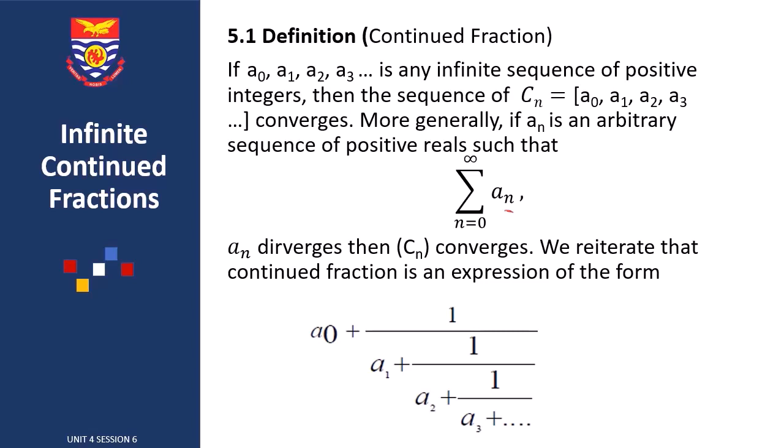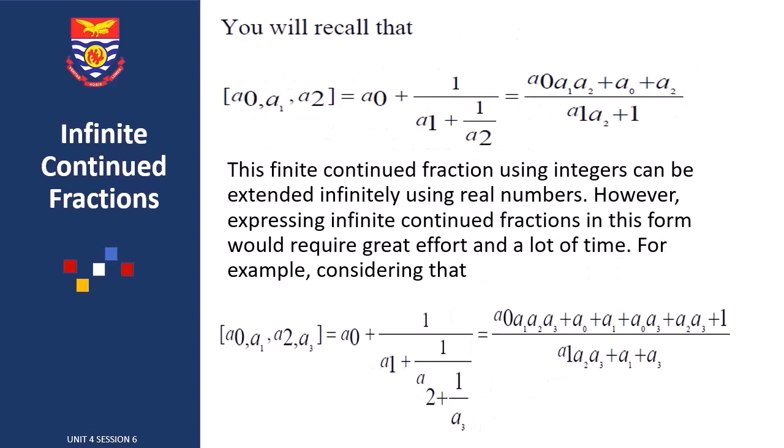So we affirm that a continued fraction is an expansion of this form, and we've already looked at this expansion. We have already gone through this, just recall, a revision from previous lessons. I think you still remember finite continued fractions.